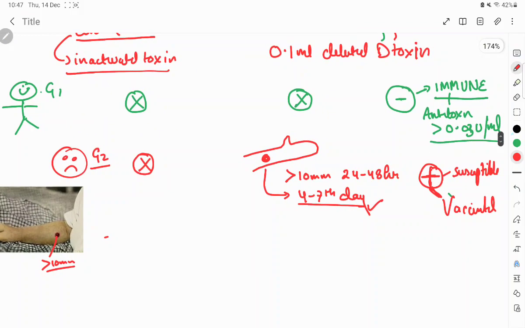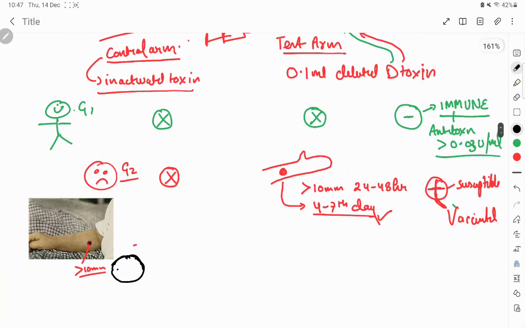Now the third guy comes up. Again we inject inactivated toxin in the control arm, but this is a different scenario. Now the control arm also shows a wheal reaction, a wheal of more than 10 mm that disappears by day 2.